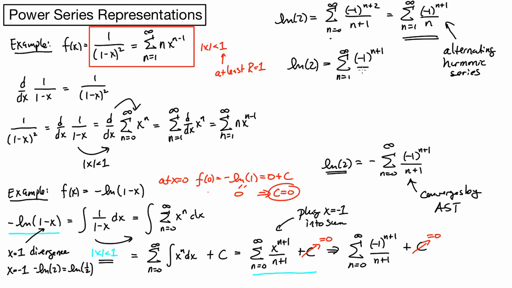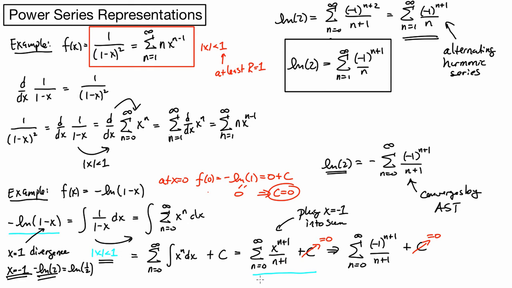Who would have guessed? And I know that this is a valid expression because I know x equal to negative 1, which gave us natural log of 2 as an answer, is inside the interval of convergence, because when I plug negative 1 into the sum, I get a convergent sum. I get a sum that converges by the alternating series test.